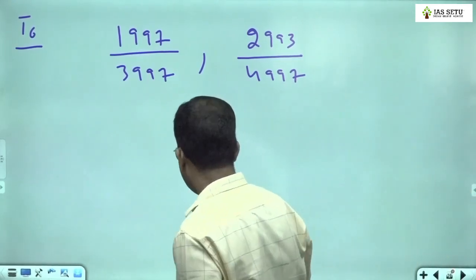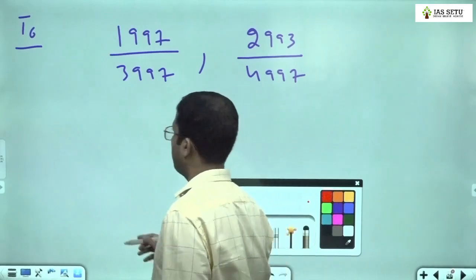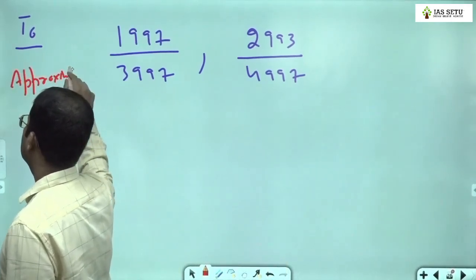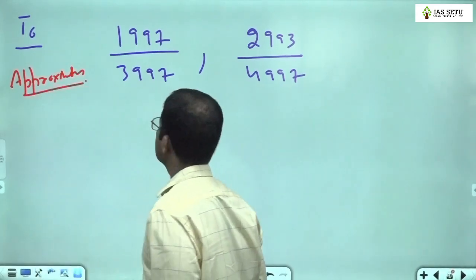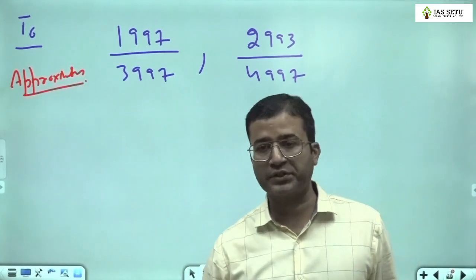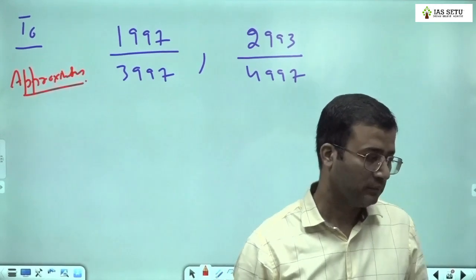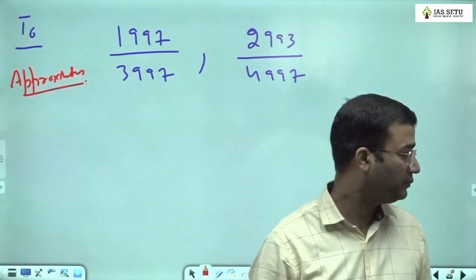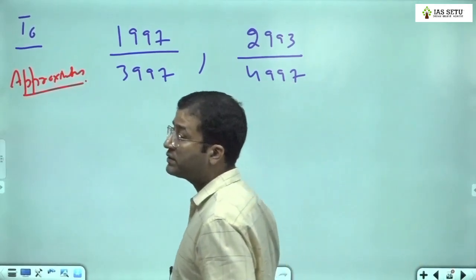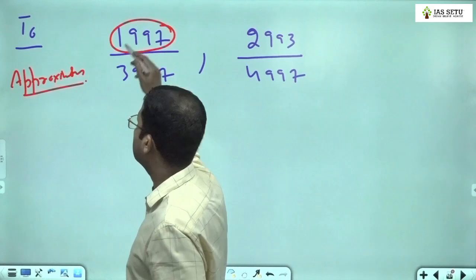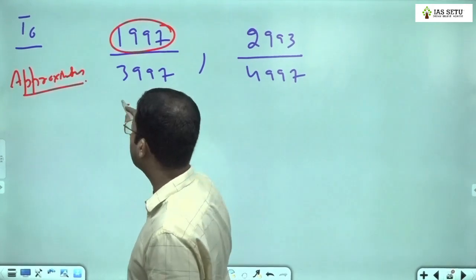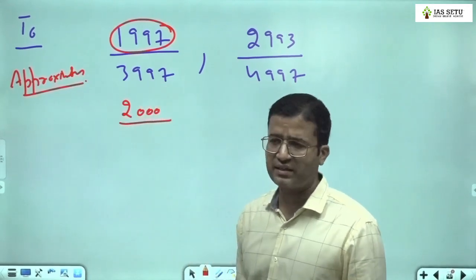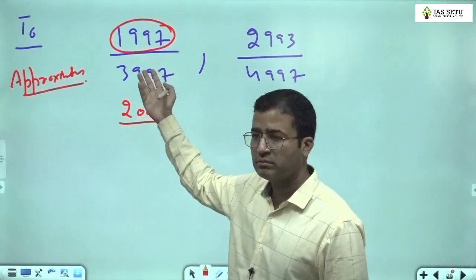टाइप 6 क्या है? Approximation. Approximation we use. See here, this is 1997. Approximately we can take it 2000. 2, 4, 5 add करना, subtract करना in 2000.